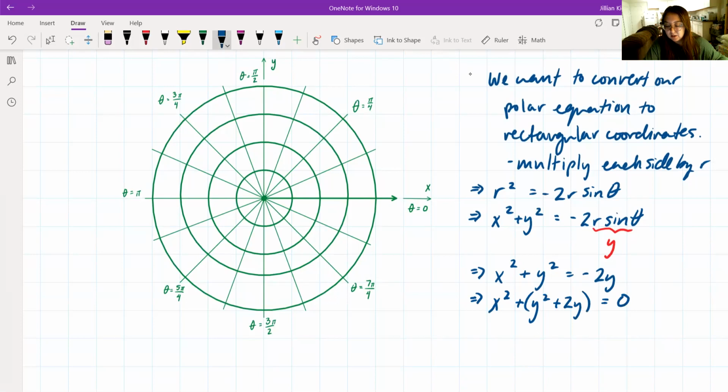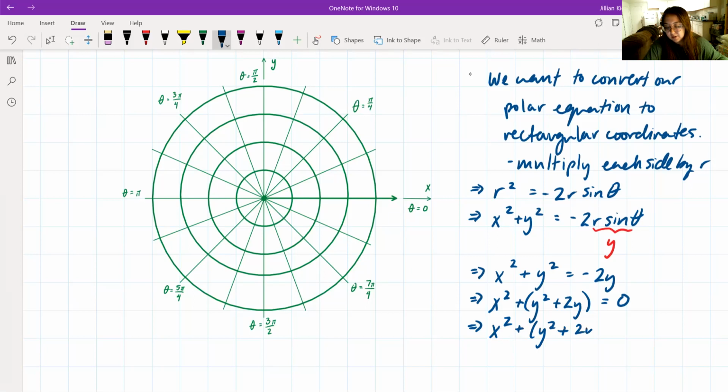And what we can do here is we can complete the square of y squared plus 2y. All we need to do is add whatever value would be at the end of that squared polynomial and then add that value to both sides. So the value that would end up allowing us to have a square if we had y squared plus 2y would have to be a plus 1 at the end.